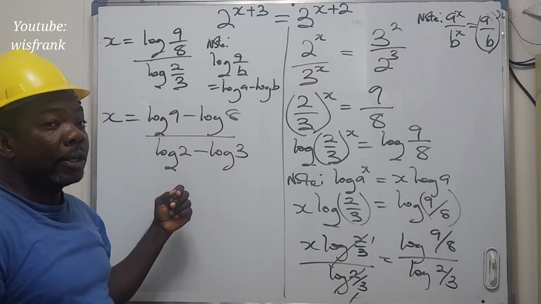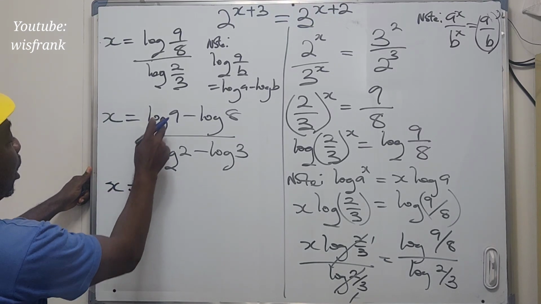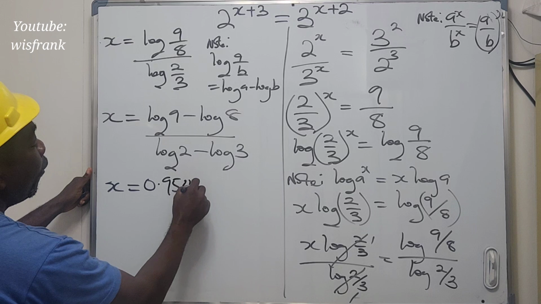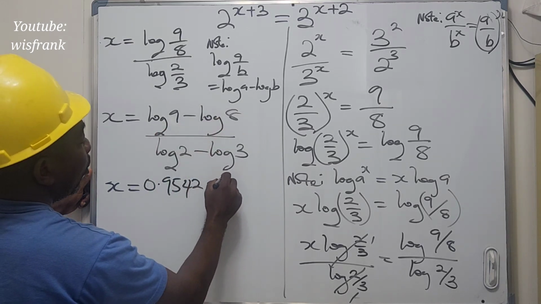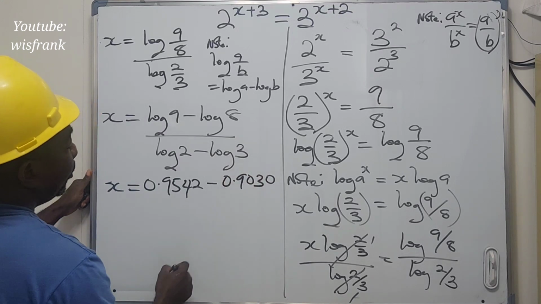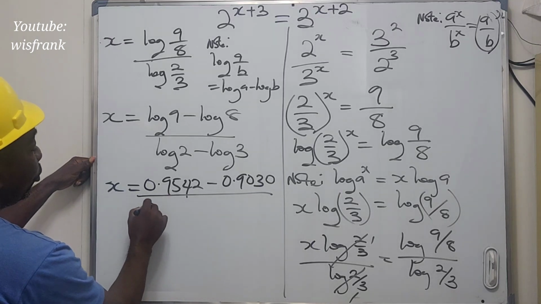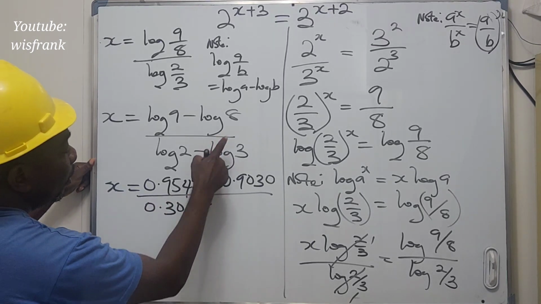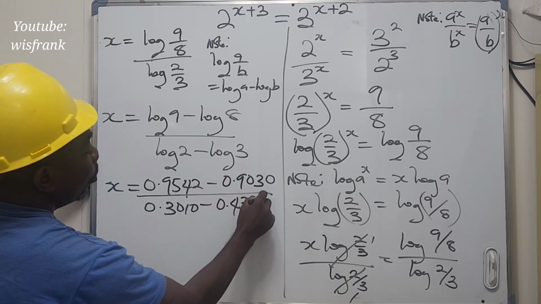If you punch your calculator, log 9 will become 0.9542. Then log 8 will become 0.9030, all over log 2, which will become 0.3010. Then log 3 will become 0.4771.